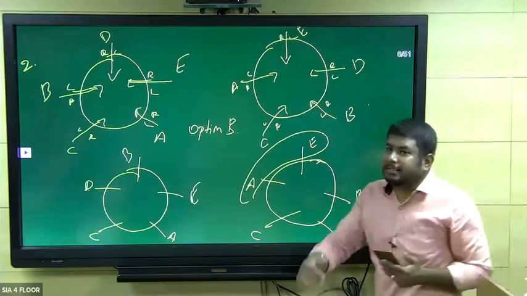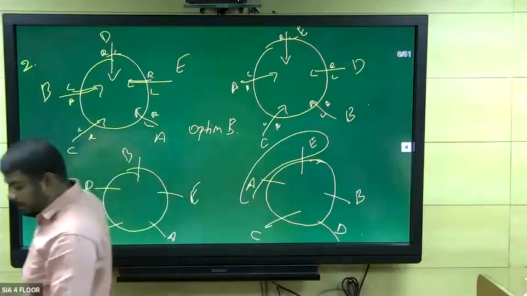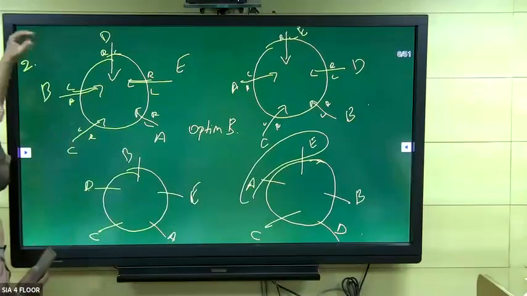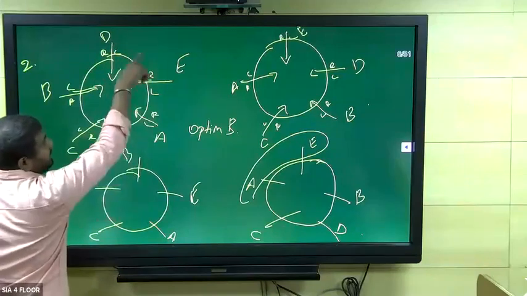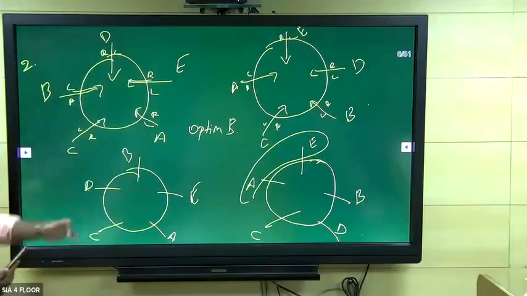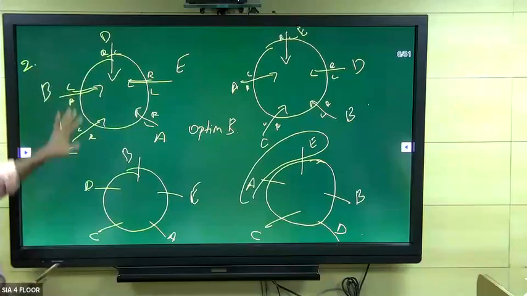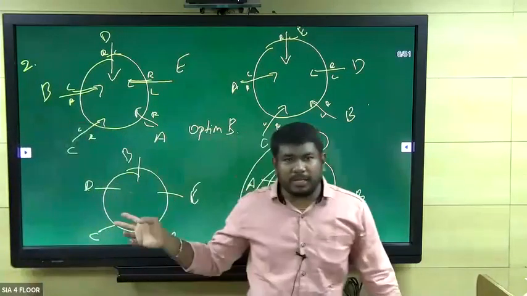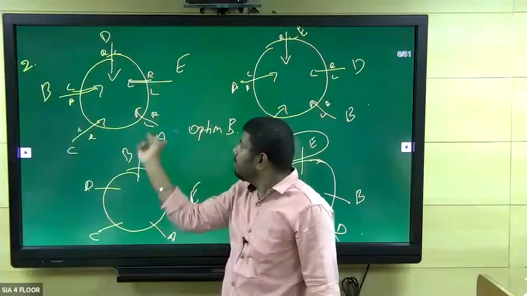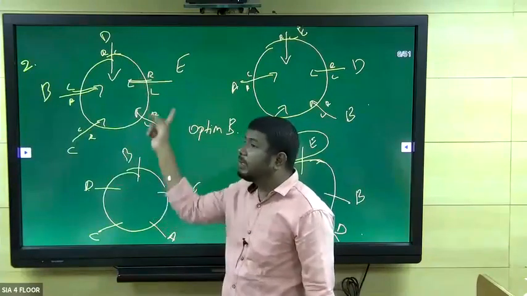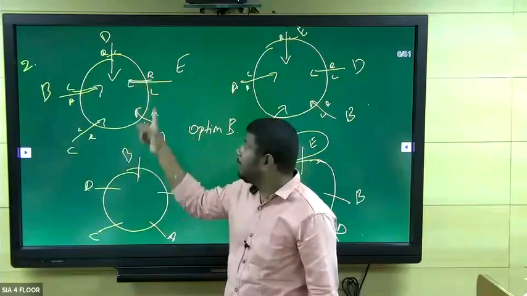Yes, Anju and one more person. D and C are separated by two seats on this side, but on this side it is false. If we check both sides, it should be correct. Here, in this clockwise direction, the given statement is correct: D and C are separated by two seats.